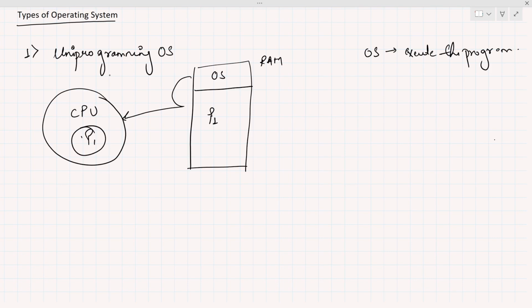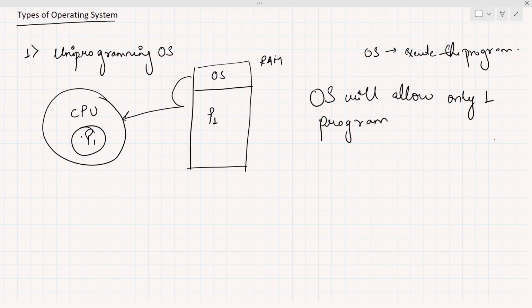An operating system which allows only one process in the main memory at a time is called a uniprogramming operating system. What does it mean? The OS will allow only one program to execute at a time, one program in the main memory.